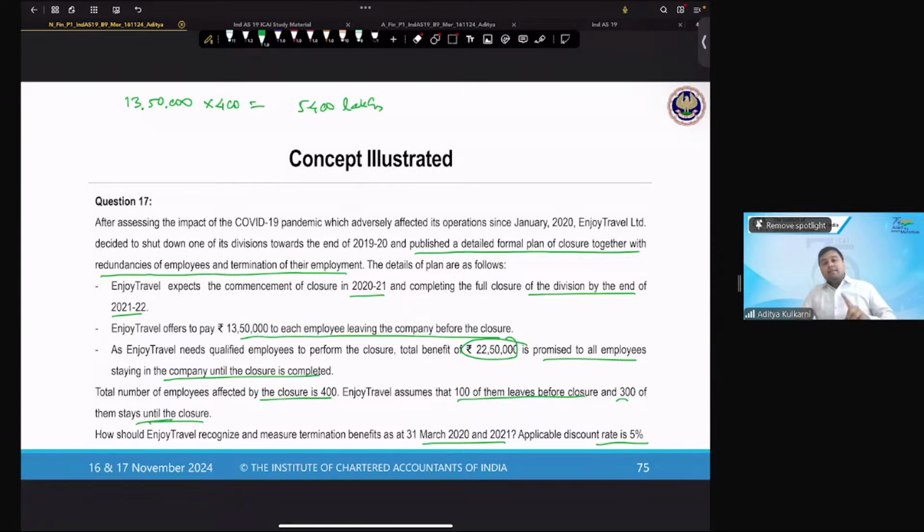Yes, sir. That 9 lakhs, is it a termination benefit or a service benefit? सर्विस बेनिफिट, because वो रह के क्लोजर में असिस्ट कर रहे हैं. 13,50,000 going to everybody as part of termination benefit, but these 300 employees are staying and doing the work for closing. क्या काम करेंगे?